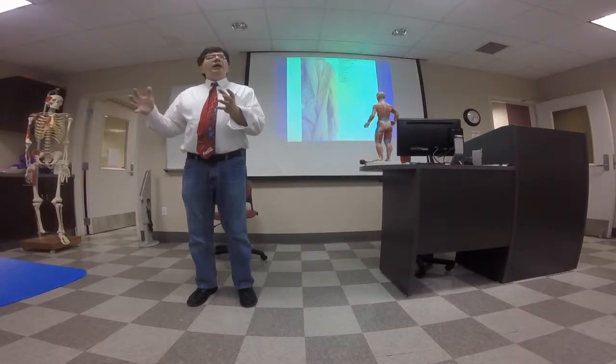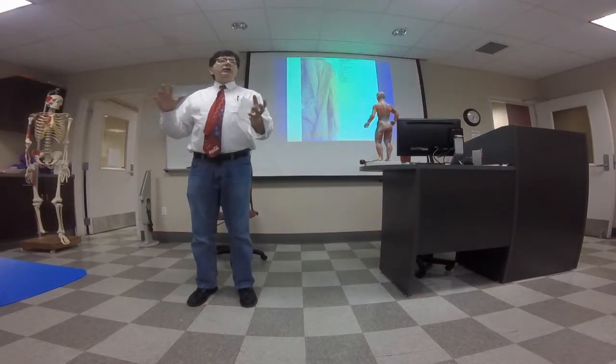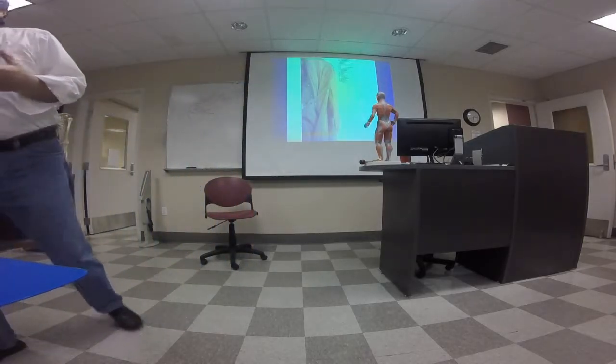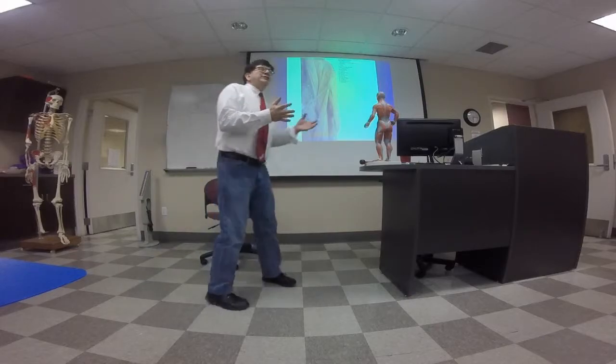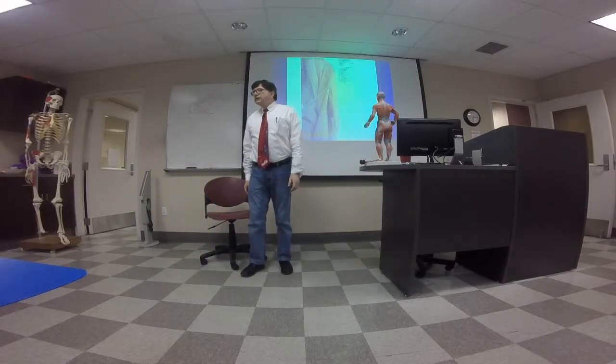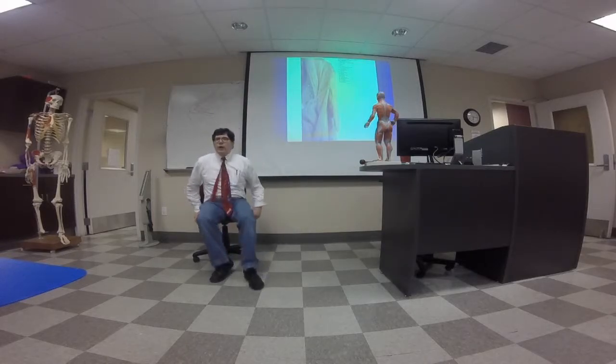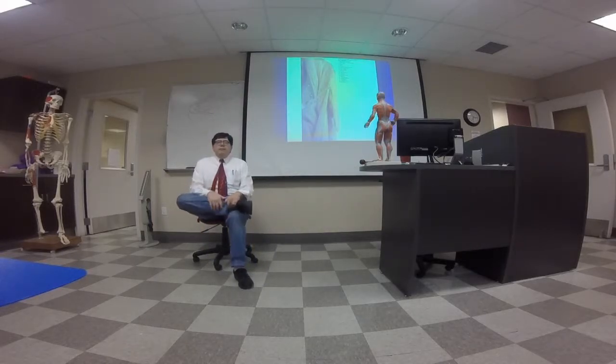It's related to dress, particularly men's dress or gentlemen's dress. So you might hear the term sartorial splendor. But sartorial refers to a tailor. And so this is called the tailor's muscle because many times if you go to a tailor, he'll sit on the ground with his legs crossed like this to take measurements.